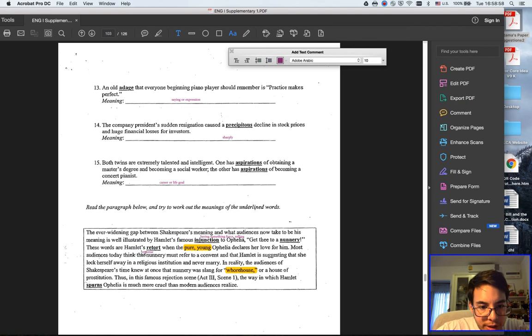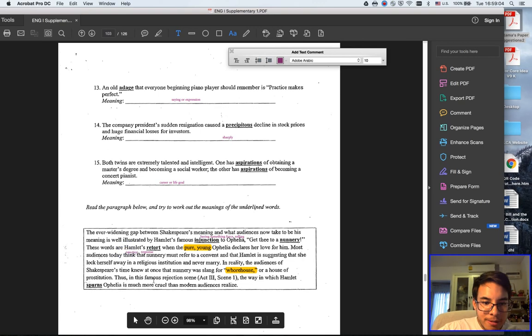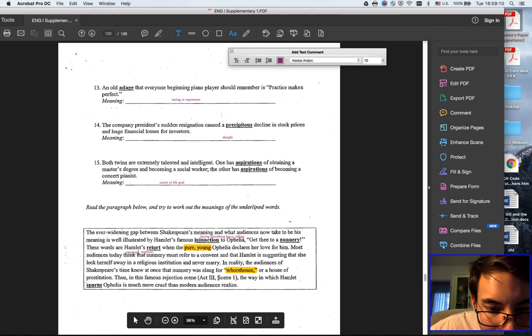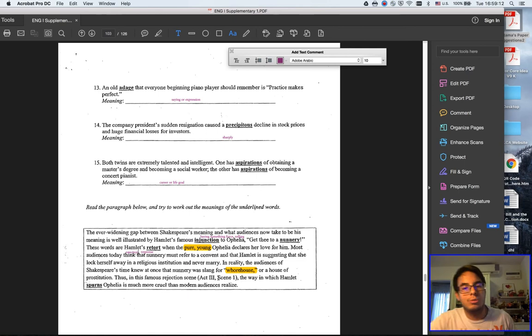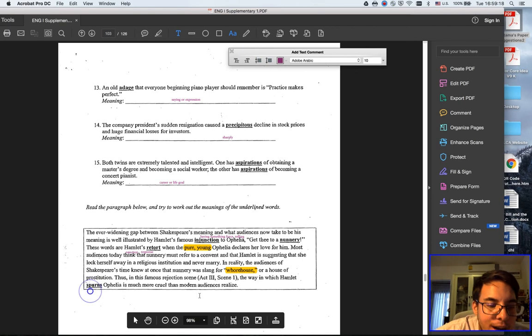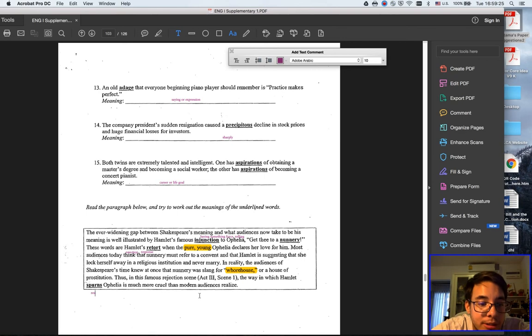Thus, in this famous rejection scene, the way Hamlet spurns Ophelia is much more cruel than the audience realizes. So spurns means, so what do you think? Spurn could be response or statement as well.